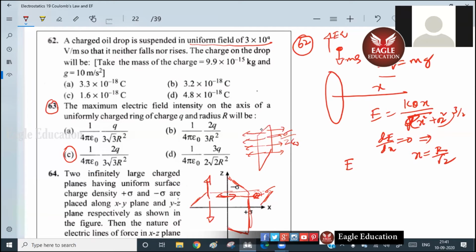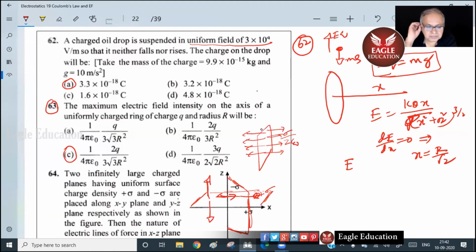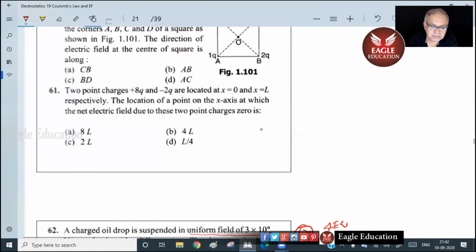Sir, it is 3.3 into 10 power minus 18, sir. Yeah, that's correct. So it comes from where? EQ equals mg. Okay? Yes, sir. Then we'll continue. Yes, sir. 61.